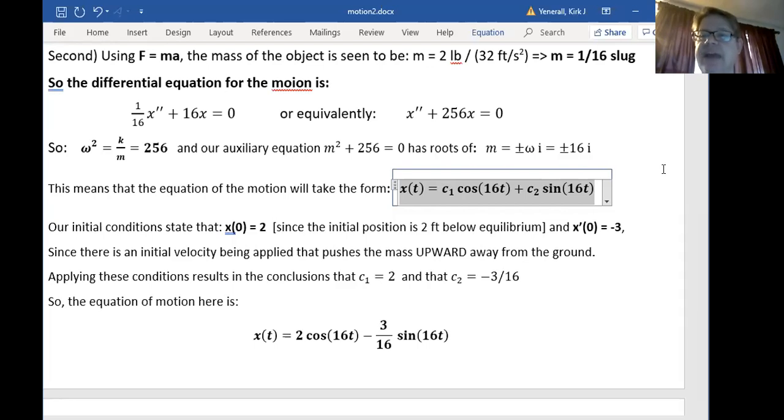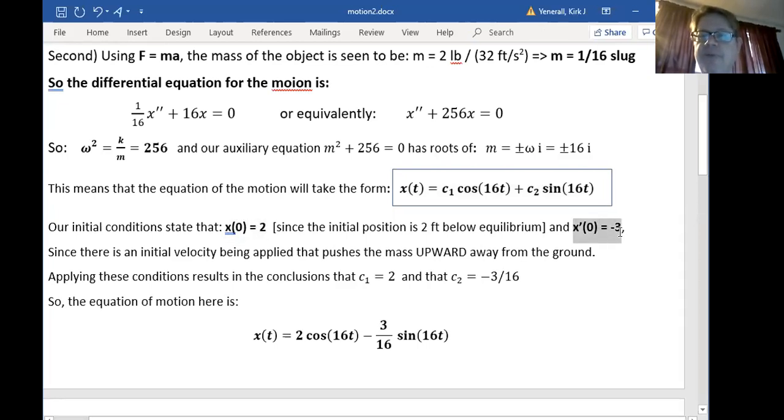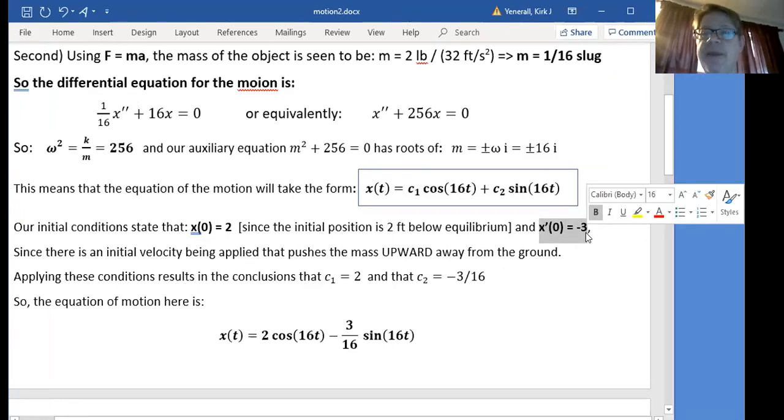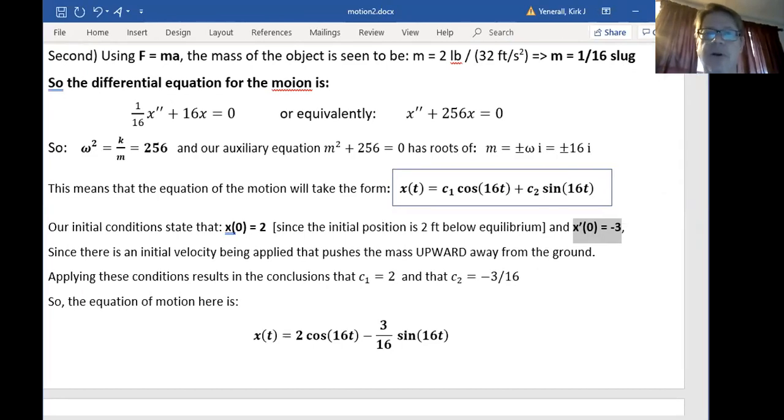And since that is a velocity in the upward direction, that would be an initial velocity of -3. So we have these two initial conditions. The first one is that x of 0 equals 2, coming from our initial position, and then also that x prime of 0 is -3, coming from the condition on our velocity.